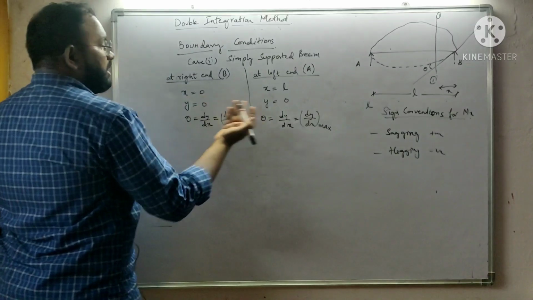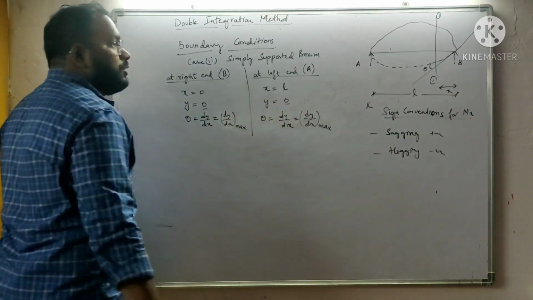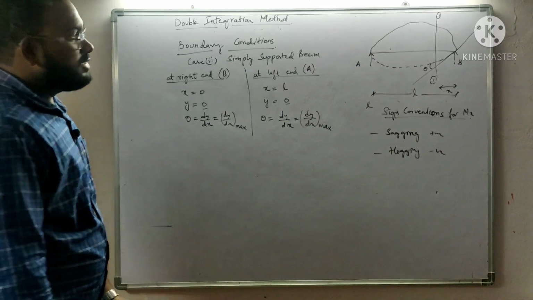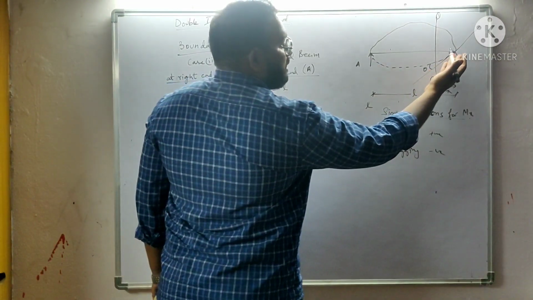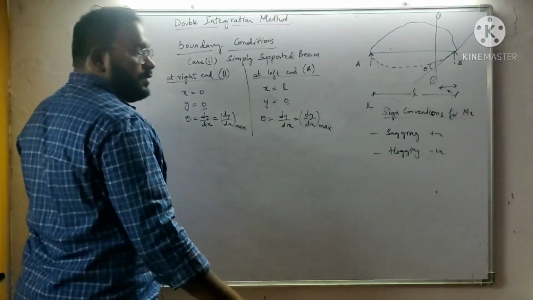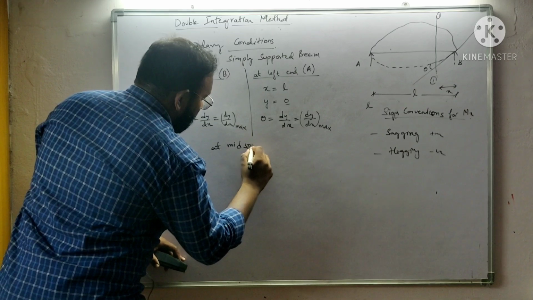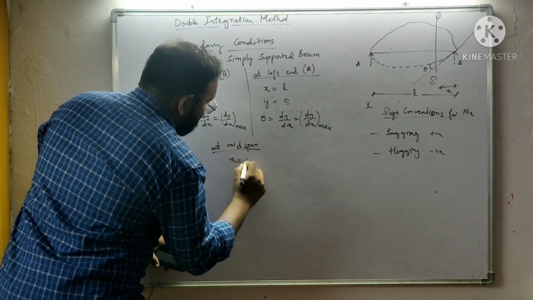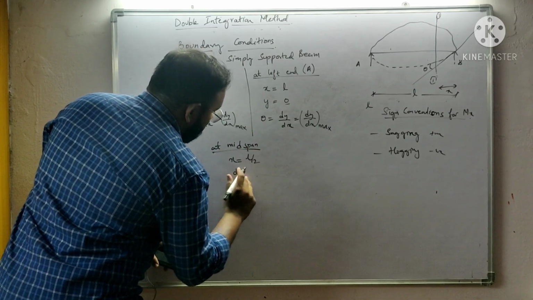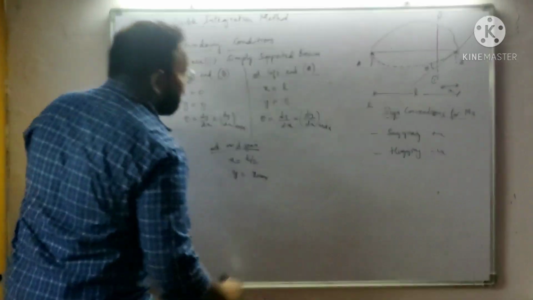Deflection is zero at both ends, but there is some point where deflection should occur. If you see the profile, the deflection is maximum somewhere in the midspan. If you have a symmetrical loading at midspan, x is equal to L by 2, and the deflection recorded is y max.